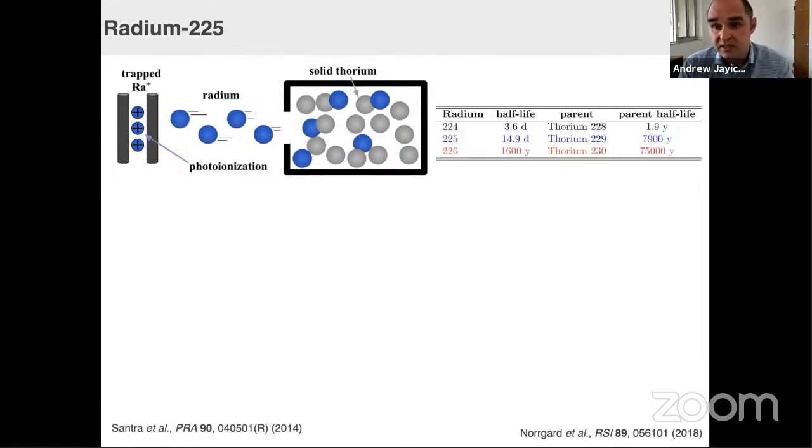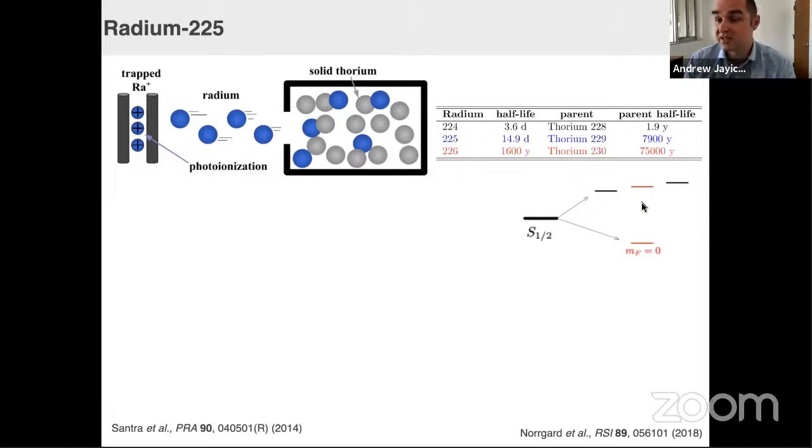For our purposes, that also gives us access to some really nice isotopes. In particular, it gives us access to radium-225, which has about a 15-day half-life, and it comes with a nuclear spin 1/2. For trapped ions, this is really nice because this gives you these M sub F equals 0 clock states in the ground state manifold.